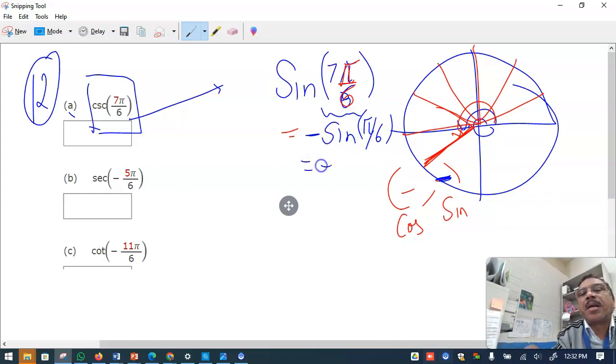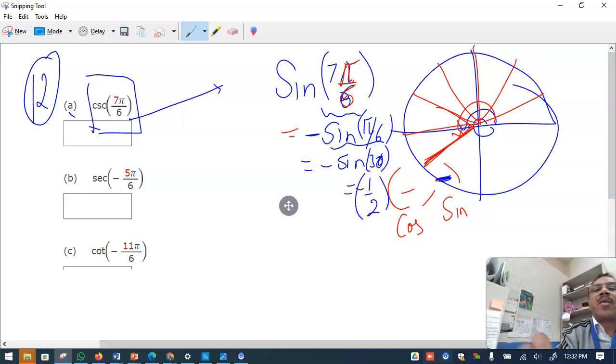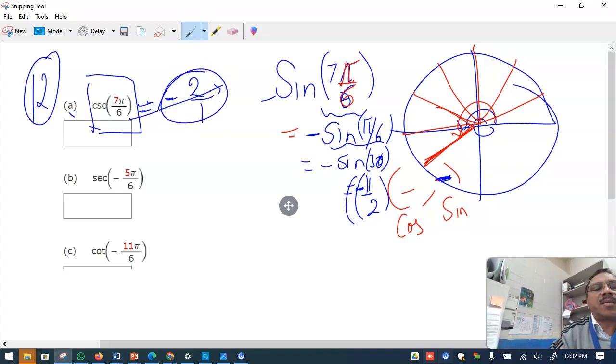And what is sine of pi by 6? It's sine of 30, and sine 30 is half. So the answer is, this is for sine. But the question is, what is cosecant? Cosecant is the reciprocal of sine. So this minus 1 over 2 becomes minus 2 over 1, and that's it. So minus 2 is the answer.